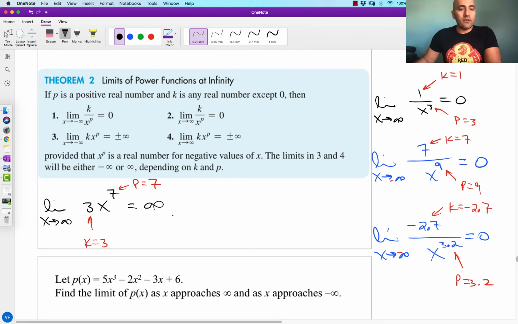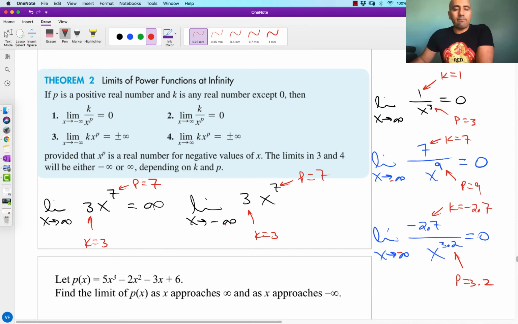Positive infinity. On the other hand, if I'm plugging in numbers that are growing toward negative infinity, so maybe I have the limit as x approaches negative infinity of 3x to the power of 7. So here the k is still equal to 3 and the p is equal to 7.